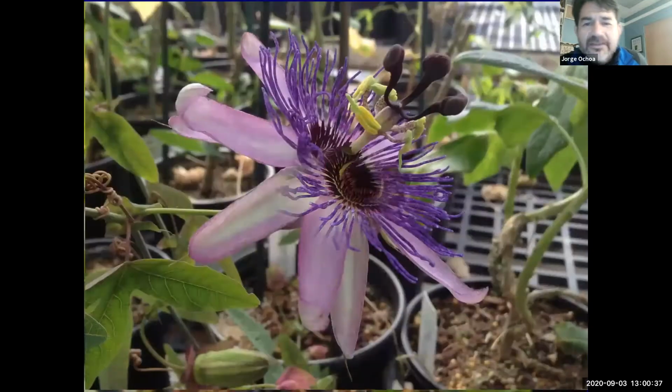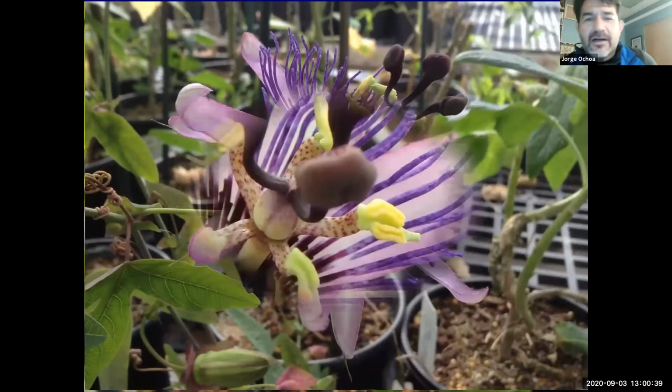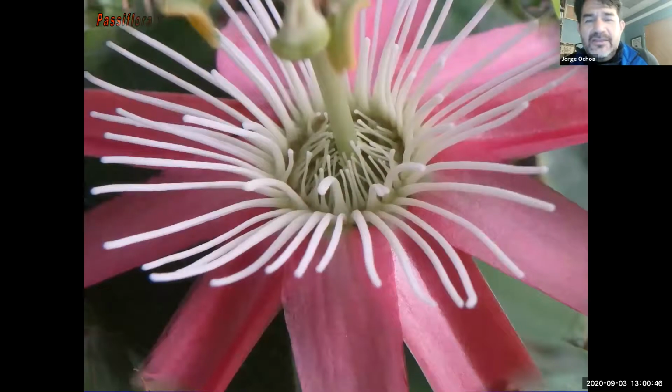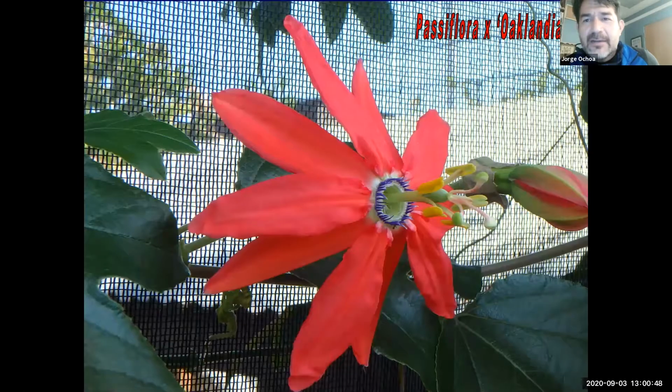When you are developing the hybrid, if you are the creator, you get to name it after whomever or whatever you want. There are a few rules, but that's why you have names of people. This is Oaklandia. It's growing in the back of the shade house. It's flowering right now, so next time you're in the garden, go look at it. It's gigantic.